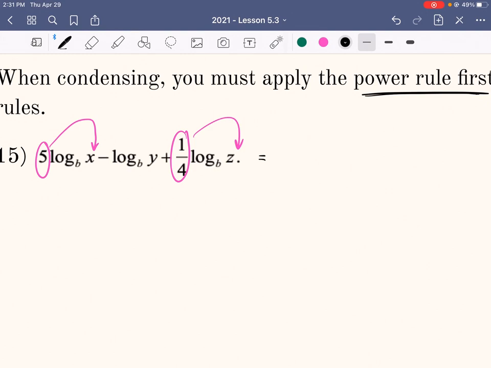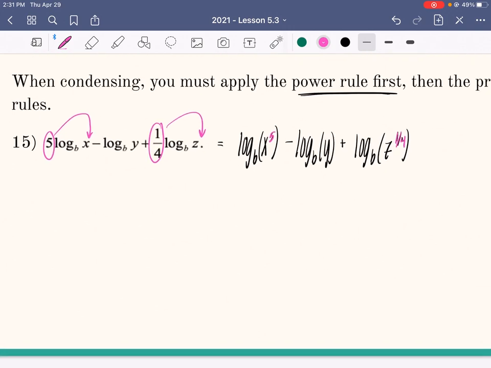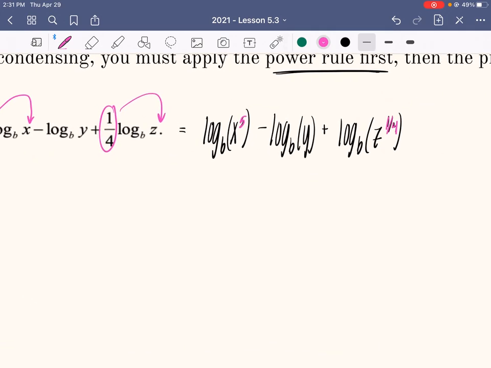So this would become log base b of x to the power of 5 minus log base b of y, that one doesn't have a power, plus log base b of z to the power of 1/4. Okay, so here's the exponent, here's the exponent. So we did that power property first.